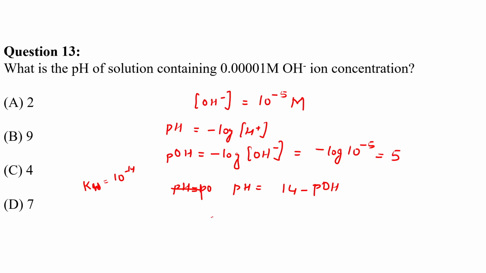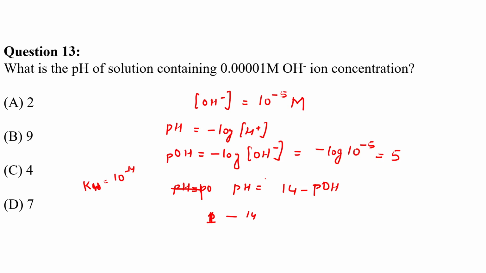The pH scale goes from 0 to 14, 14 being the most basic, 0 being the most acidic. So 14 is the ultimate value.